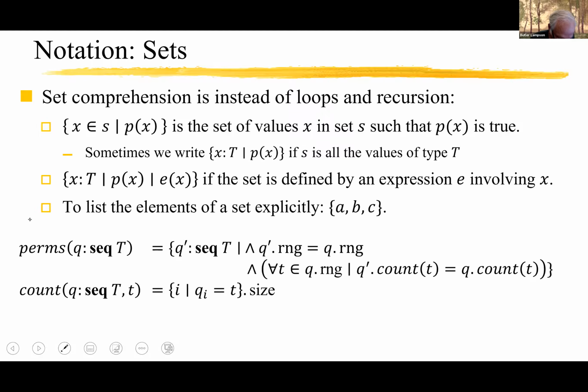Apparently. Yeah, the canonical thing you have here is the set of x's in some existing set S that satisfy P of x. The set of values x such that P of x is true. So for example, if S is all the integers and P of x says x is prime, then this set is going to be all the prime integers.